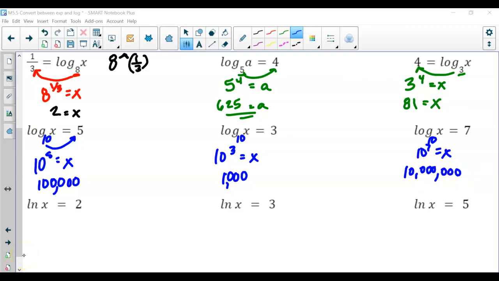And so now here for our last example, this is the natural log, ln, whose base is e. So here, to rewrite this, this is e to the 2nd power is equal to x. So natural log is different from common log.